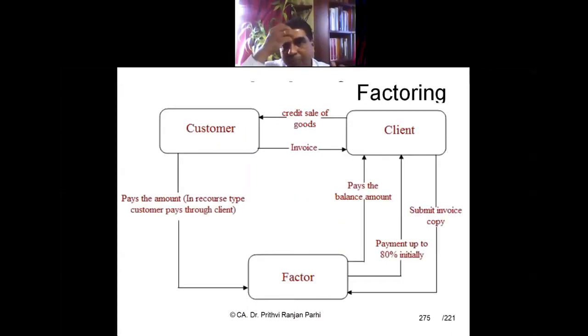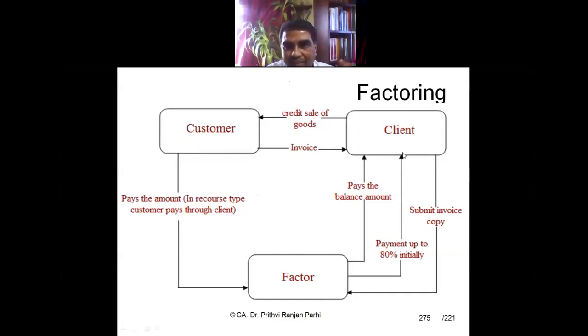Okay. This picture will also explain to you how the transaction happens. Now you see here is a customer, here is a client. The client is making credit sales to the customer, and an invoice is raised.